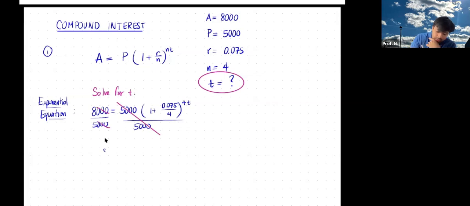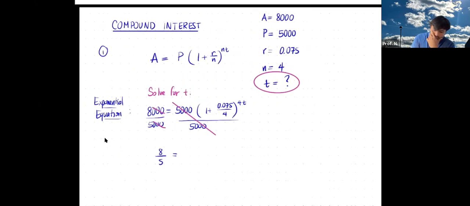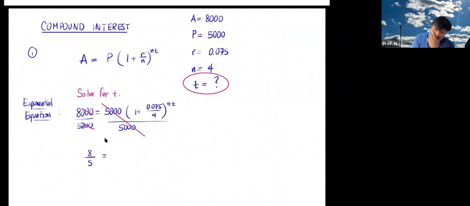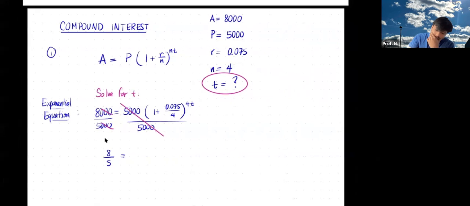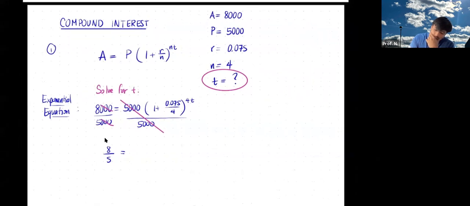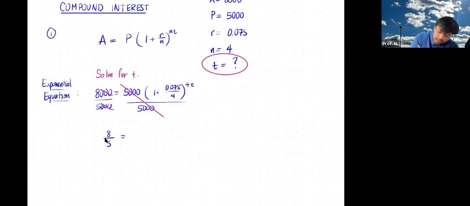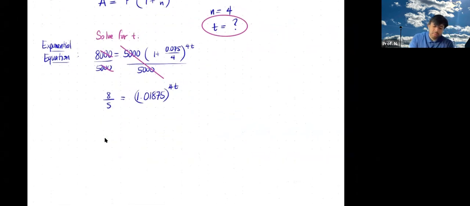And I'm left with 8/5 is equal to, and then I need a calculator for this, 1 plus 0.075 divided by 4. And I get, for my base, 1.01875 raised to the 4t. You see that?